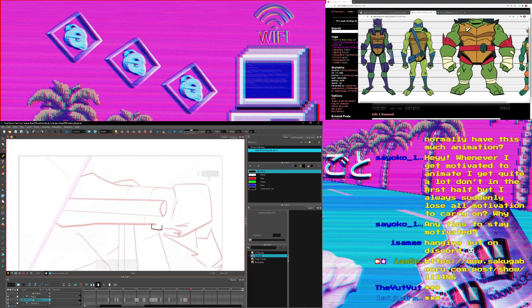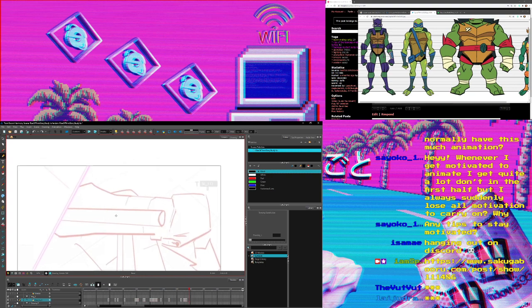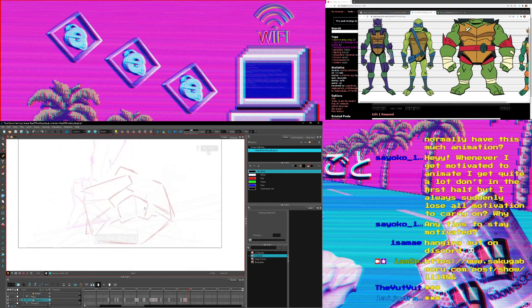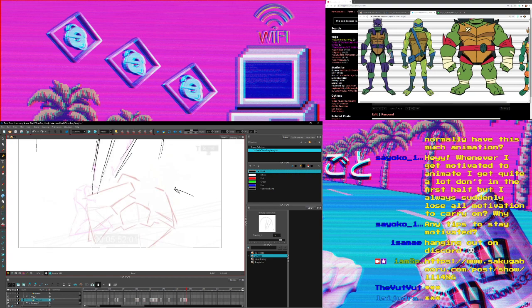I think that's supposed to be his thumb right there. Because his hands are fists here, the story artist just simplified it. Just omitted the hand.